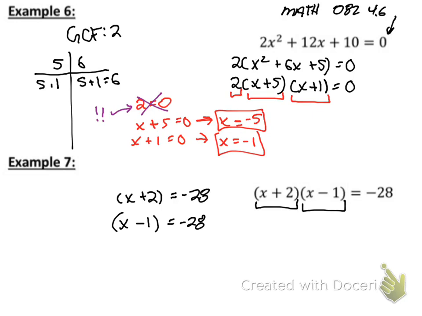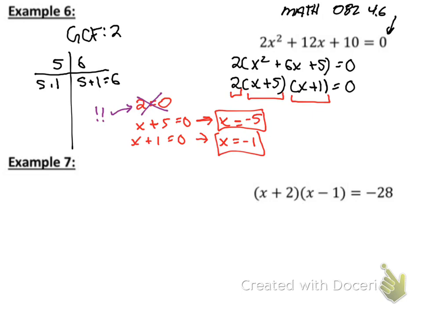And you're so excited, and then you realize, wait a minute. Did I use the zero product property on a number that isn't 0? And we did. We can't do that. You can only use the zero product property on 0. That's it.